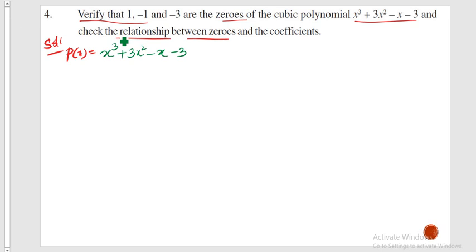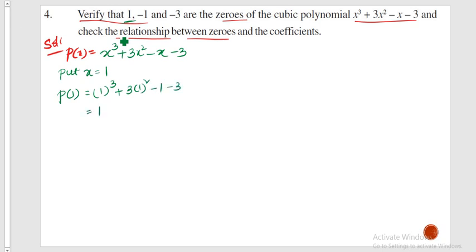Now one by one I am going to verify. First verification for 1. So put x is equal to 1. When I put x is equal to 1, p of 1 is equal to 1 cube plus 3 into 1 square minus 1 minus 3.